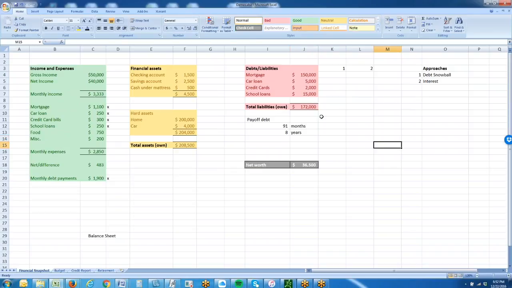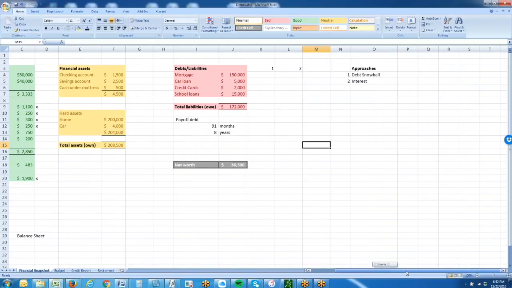But what we're going to look at now is some strategies to pay off your debt. So there's actually a couple of strategies out there, or approaches. Two popular ones are the debt snowball, and another one focusing on interest. So one is the debt snowball and two is the interest, and we're going to prioritize it.